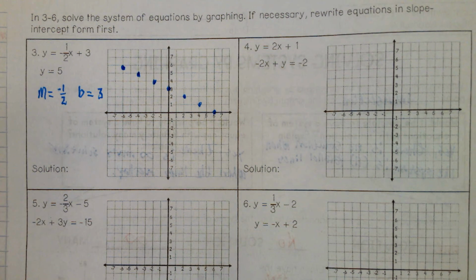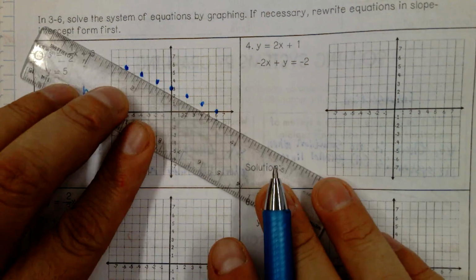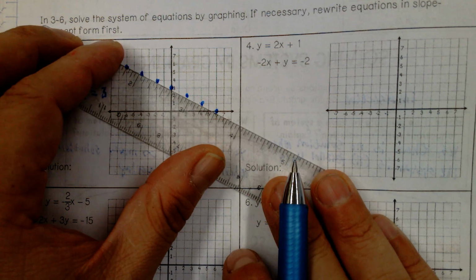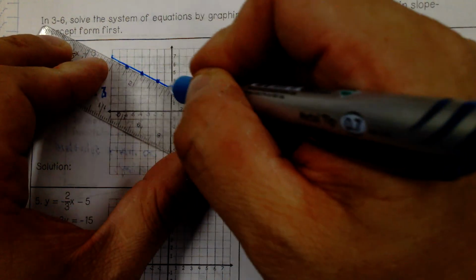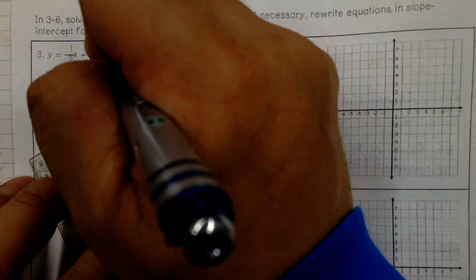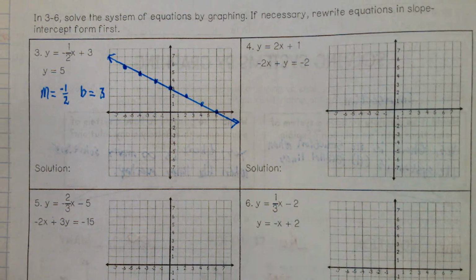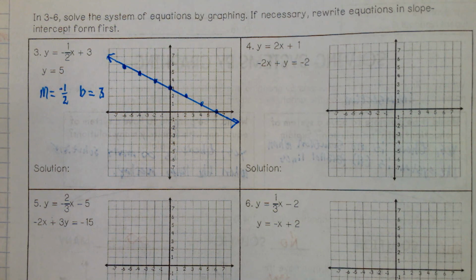That's probably good enough. So let's graph this line. The key here is make sure your lines are as accurate as possible. That's why I make a lot of points. Okay? So that's one line.